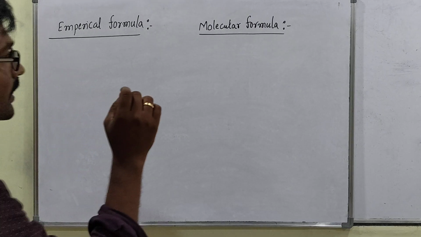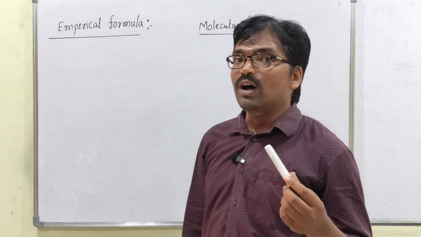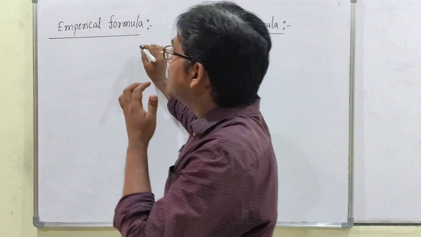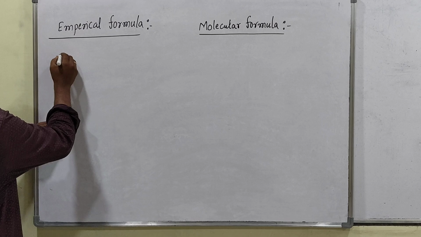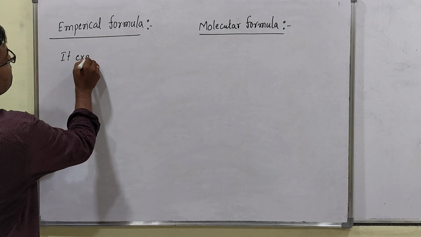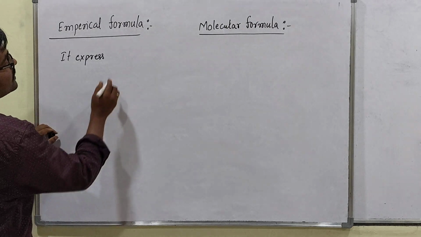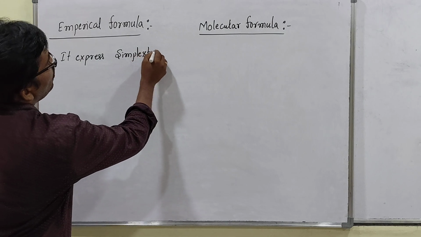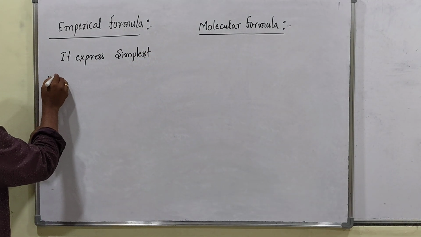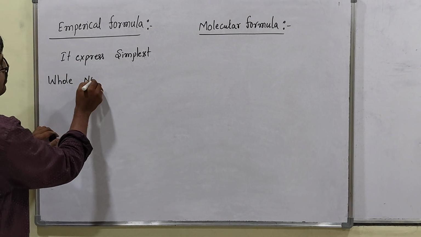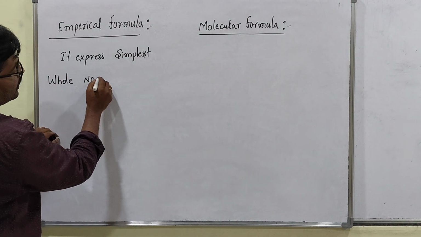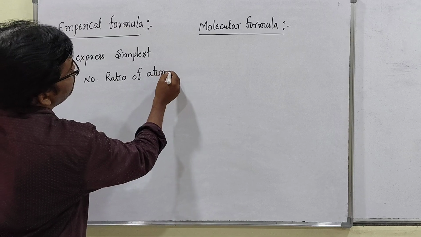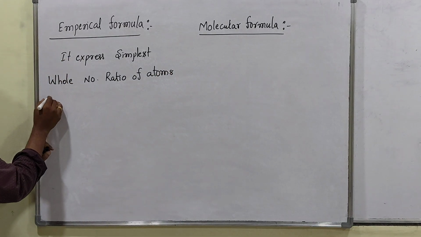Look, my dear students, the next topic is empirical formula and molecular formula. It is the most important topic. So look, what is the empirical formula first? The empirical formula expresses the simplest whole number ratio of atoms in a molecule.